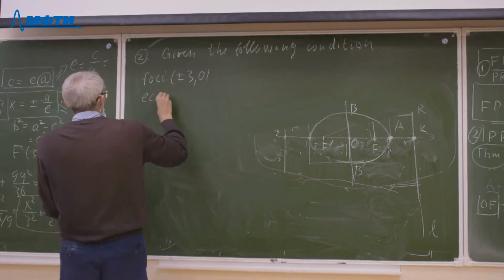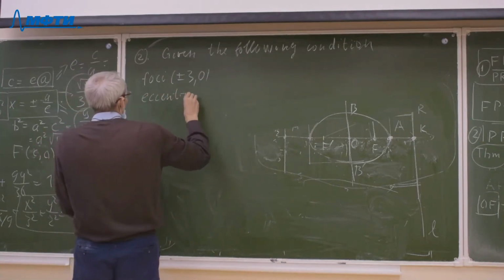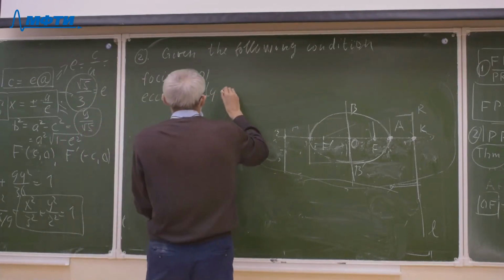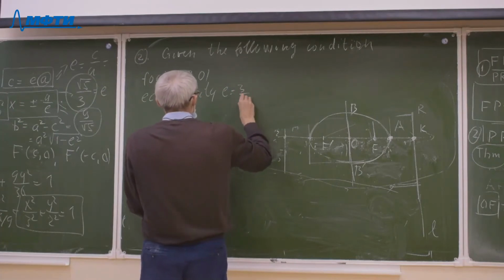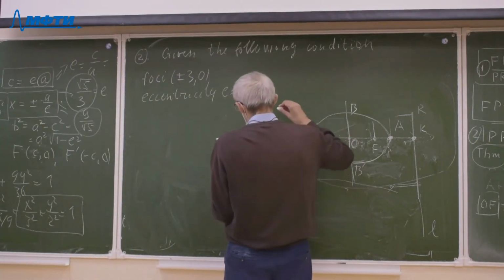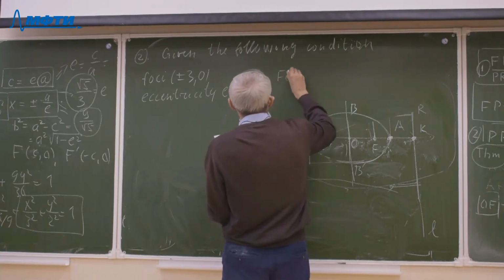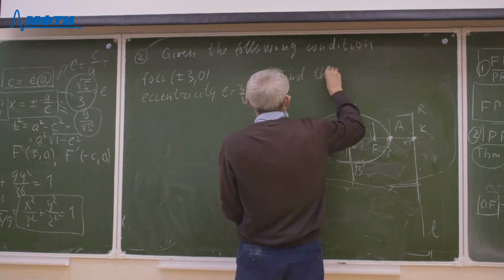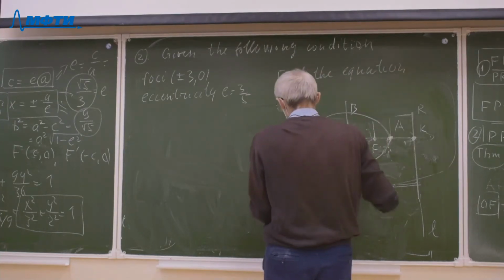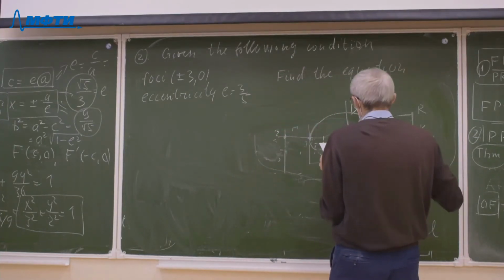Eccentricity e is equal to the ratio 3 over 5. Find the equation of the ellipse.